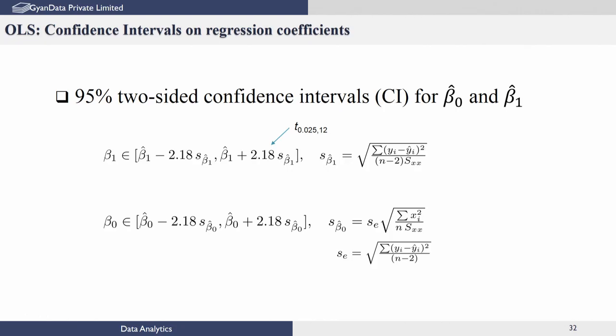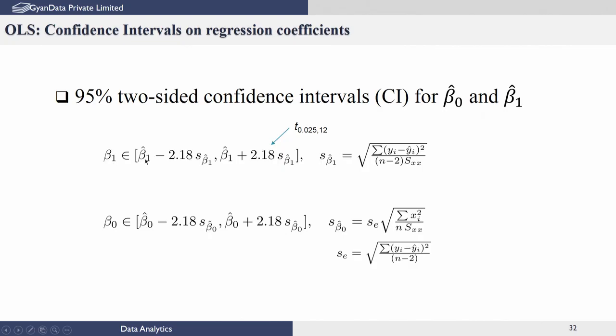You can decide what confidence interval size you need, and correspondingly you can obtain the interval from the distribution. So, if we want a 95% confidence interval, also known as CI, and it is two sided because the true value could be either to the left of the estimated value or to the right of it, we obtain the 95% confidence interval for beta 1 from its distribution, knowing it is normally distributed with some unknown variance.